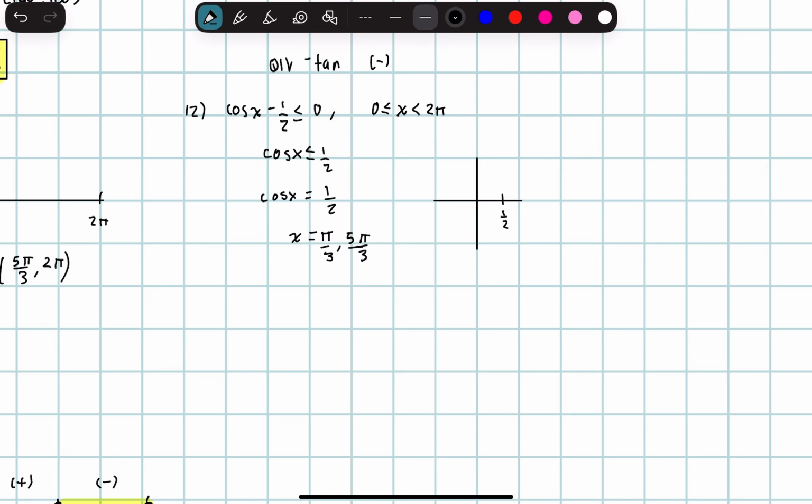And then this would be the graph right here, and this would be 60 degrees, that would be 300 degrees, and at these angles is where you get the value of 1/2.